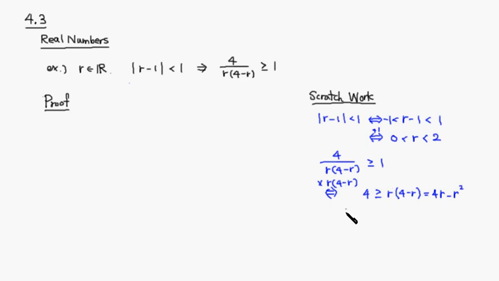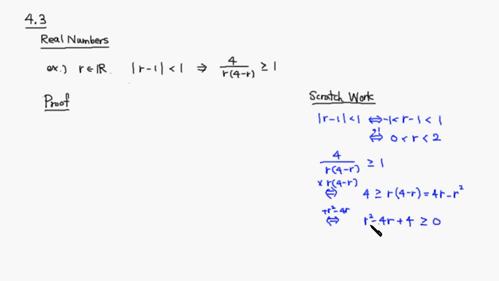Then I would like to put all the terms on the left hand side, so I'm going to add r squared and subtract 4r. You get r squared minus 4r, then you already have 4, so plus 4. Since we put everything on the left, nothing is left on the right, so it's greater than or equal to 0.